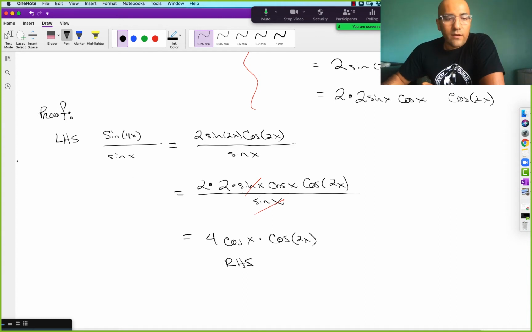So I've gone from the left side, manipulated it, and made it equal to the right-hand side. I'm done. I've shown that sine 4x over sine x is equal to 4 cosine x cosine 2x is an identity.